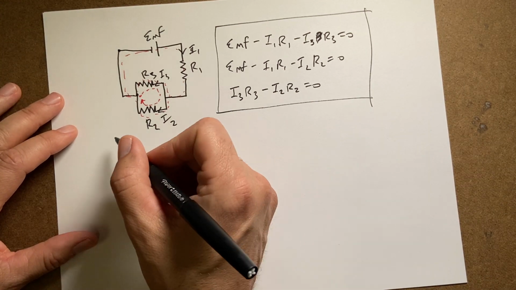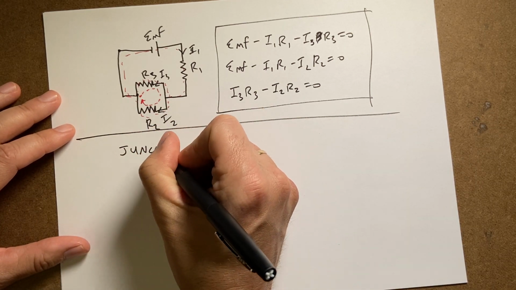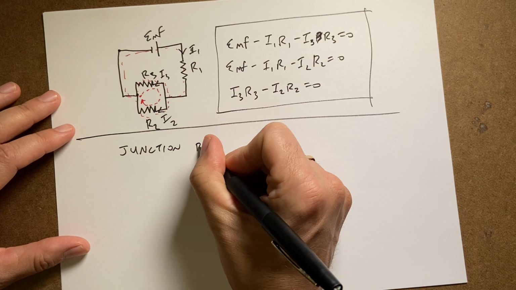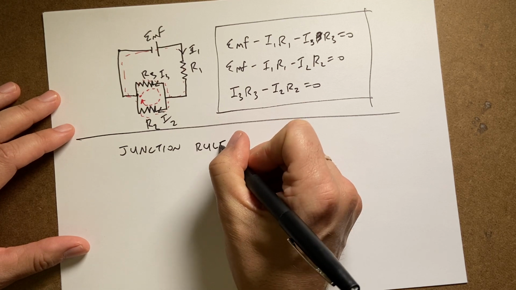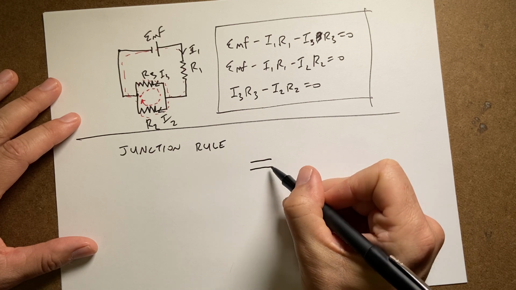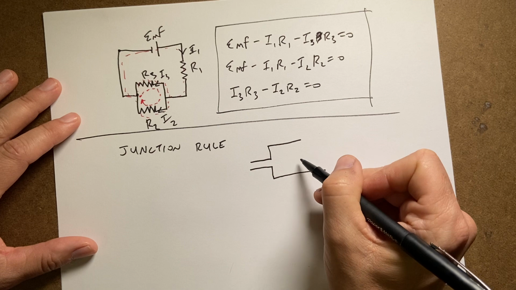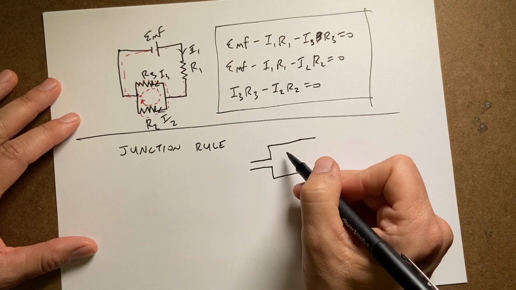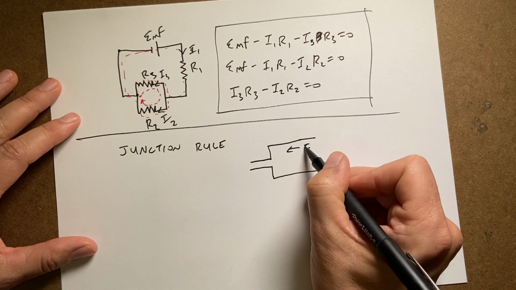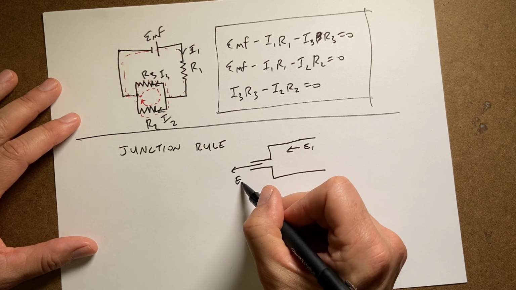Now let's look at the junction rule. Let's take that piece of my circuit before. So here I have an electric field E1, and this is the thinner part, and I have an electric field in here E2.